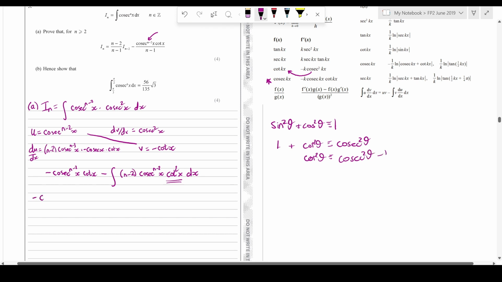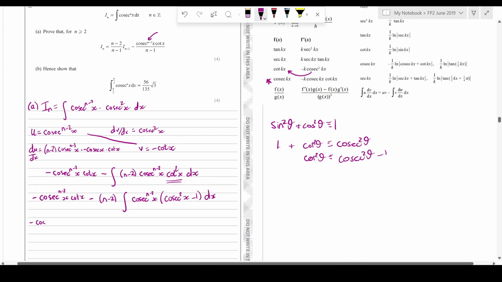So I can rewrite this integral. I've got minus cosec n minus 2 of x cot x minus, I'm going to pull out the n minus 2, and then I'm integrating cosec to the n minus 2 now times cosec squared minus 1.